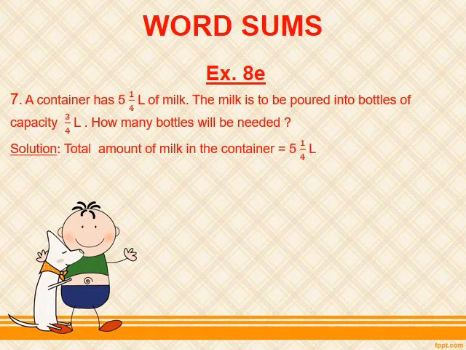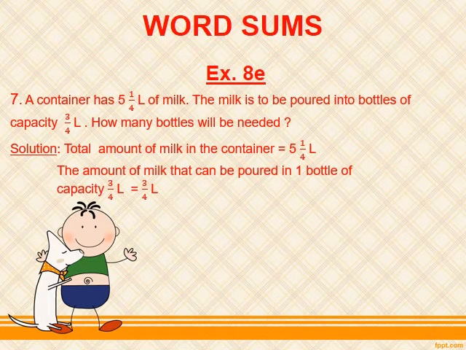Total amount of milk in the container is equal to 5 1 by 4 liter, which is already given in the question. The amount of milk that can be poured in one bottle of capacity 3 by 4 liter is equal to 3 by 4 liters.